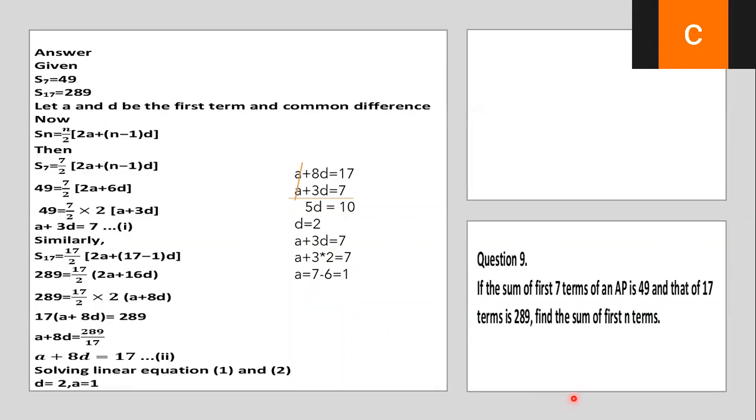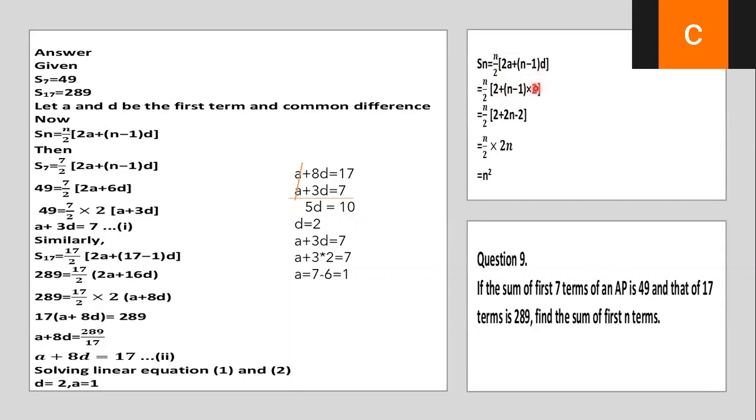They're asking us to find the sum of n terms, Sn value. Write the formula, N by 2 into 2A plus N minus 1 into D. N terms they're asking, so N just remains as it is. A value they gave 1, 2 into 1 is 2.